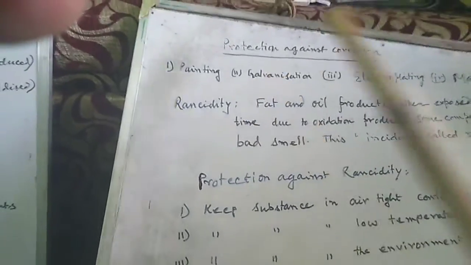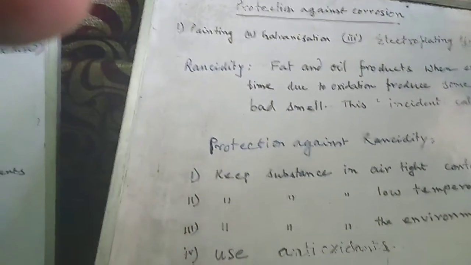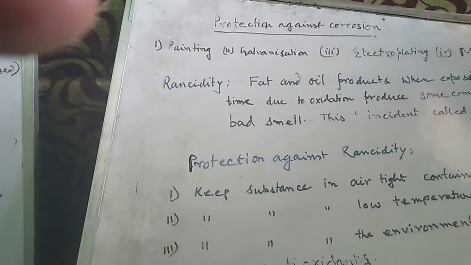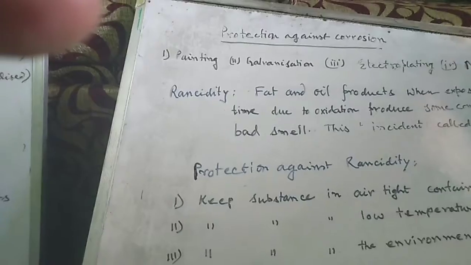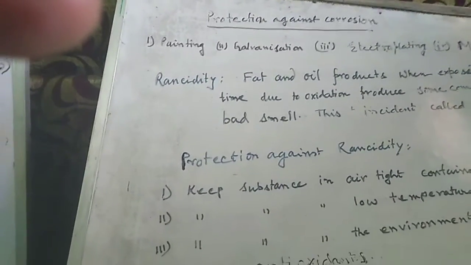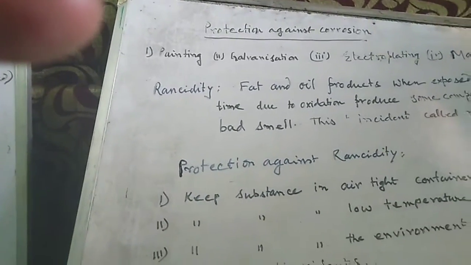Sometimes some metals protect themselves by producing their oxides over the surface, just like aluminum produces an aluminum oxide layer over it. Aluminum oxide is very inert, does not react, and protects the aluminum surface. That is called self protection.